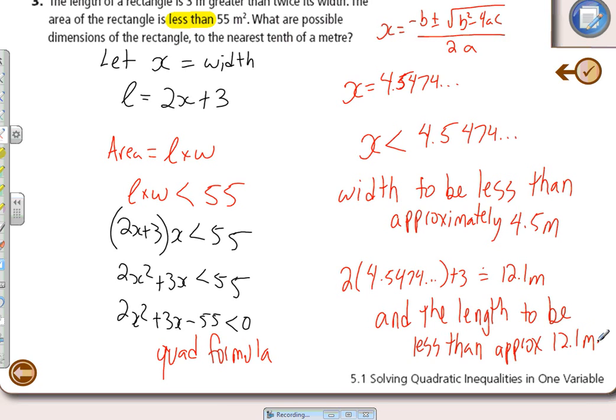If I used 4.5 and if I used 12.1, I would be less than 55 meters squared, because 4.5 is slightly less than the decimal version that I had there. Okay, so go through to finish up your discuss the ideas on the bottom of the page there.